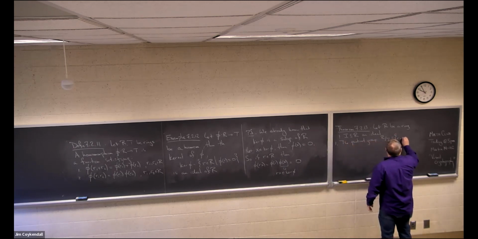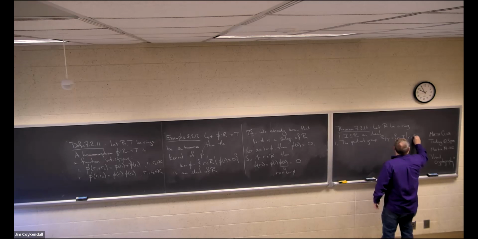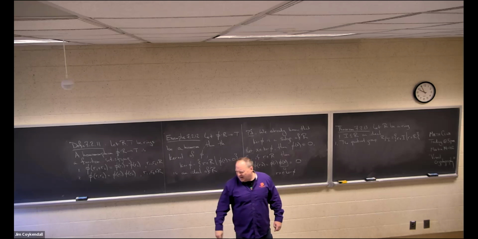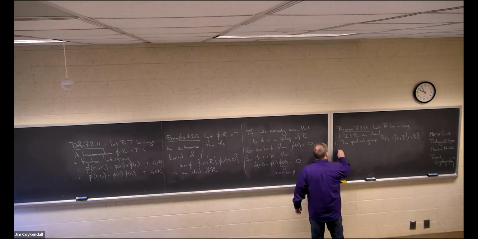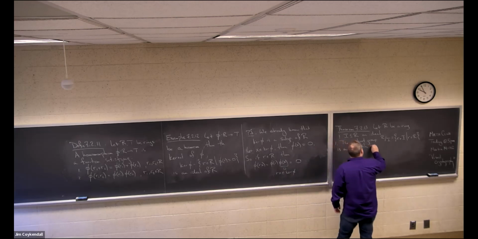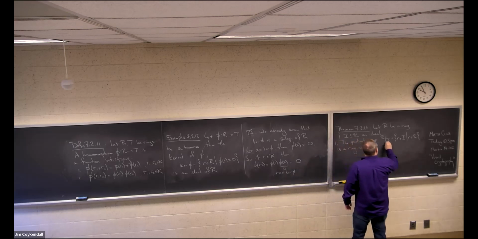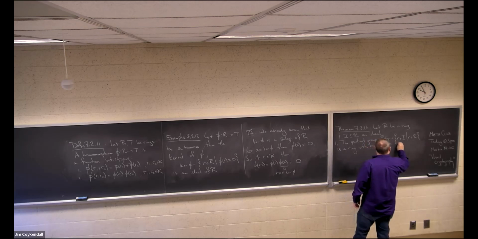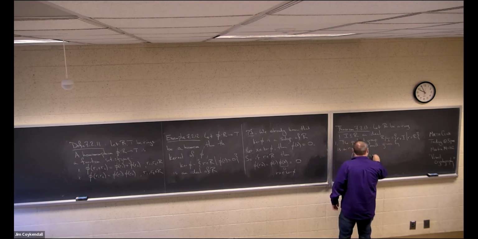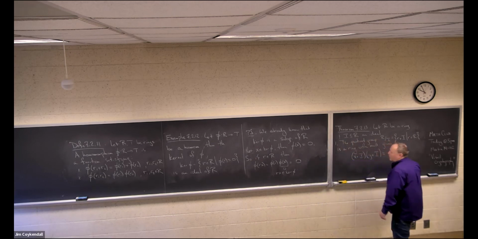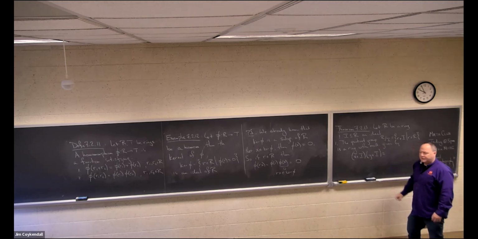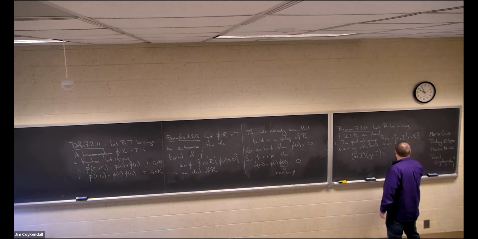And what this looks like, this quotient group is actually a ring with multiplication given by: I just have to come up with a way to multiply two cosets and get a new coset.